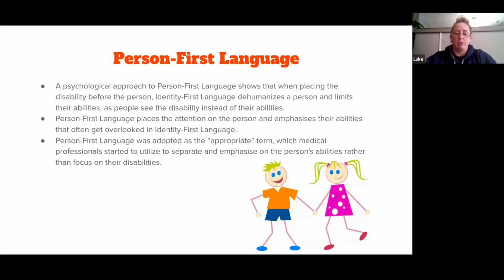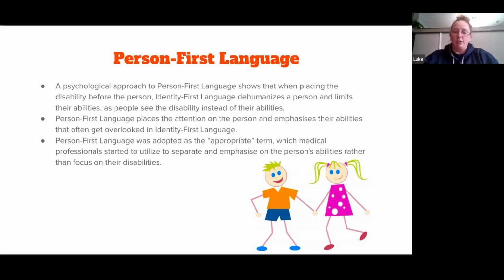Person first language originates from the People First advocacy group, which showed great disapproval for the dehumanization of humans because of their disabilities, like the identity first language.